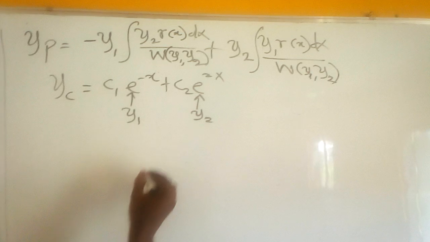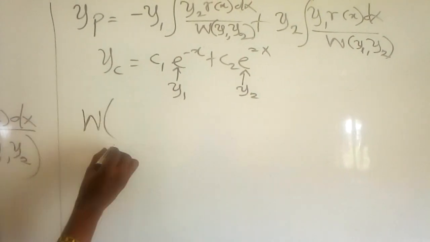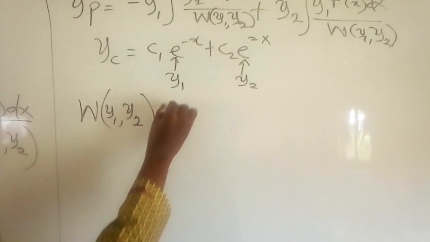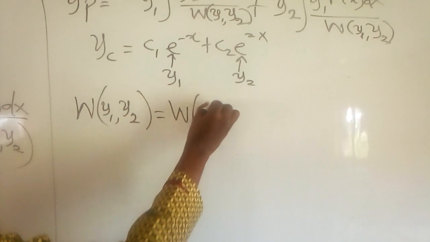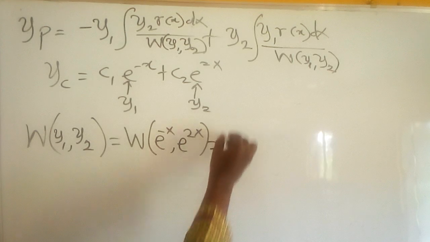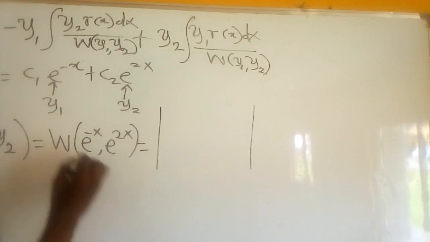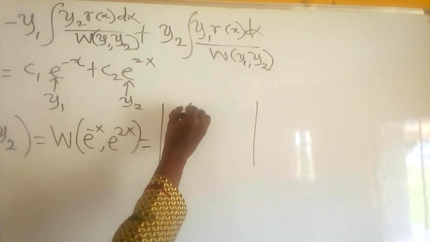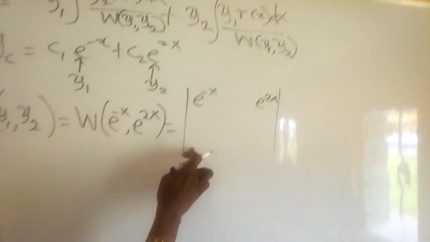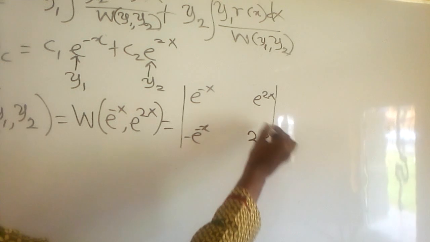So we now perform the Wronskian test. The Wronskian of y1, y2 for e^(-x), e^(2x) gives us the determinant of e^(-x), e^(2x) in the first row. We differentiate these to get the other row: -e^(-x), 2e^(2x).